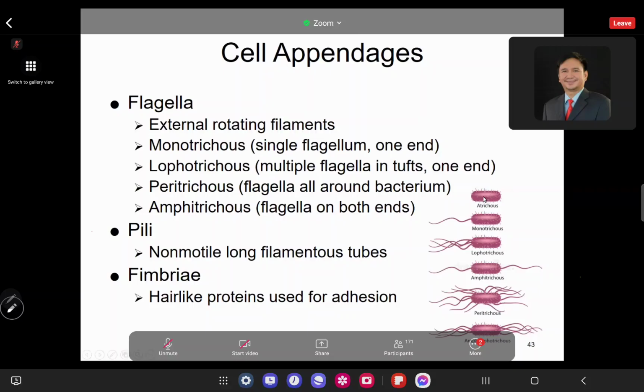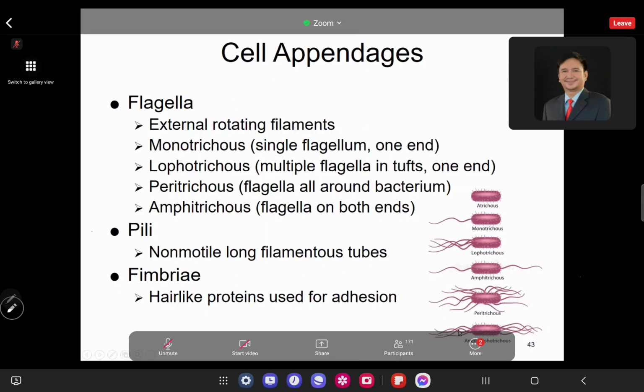Atrichous. How about multiple flagella in tuft or a tuft of flagella at one end? We call it your lophotrichous. How about flagella distributed all around the bacterium? Peritrichous. While flagella at both ends, amphitrichous.